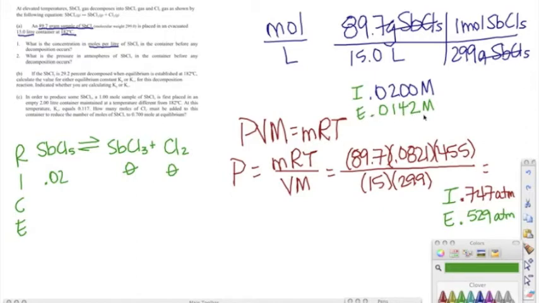I know that my equilibrium is 0.0142, which means to find the change, I just need to subtract these. So this went down by 0.0058. Whatever this goes down by, our products have to go up by. So SbCl3 increased by 0.0058, and so did Cl2. So my equilibrium concentrations of these are just 0 plus that number, or just that number.